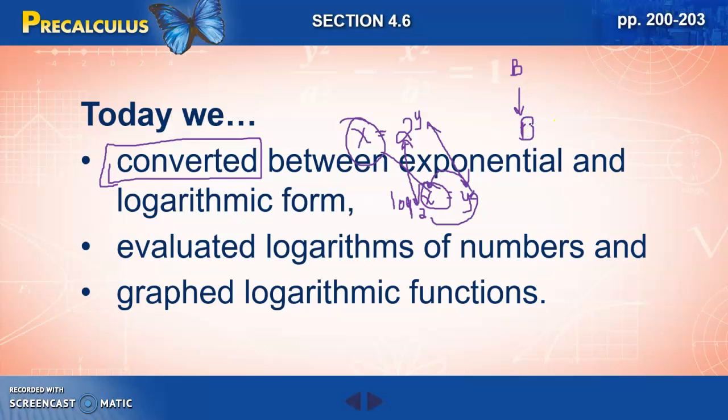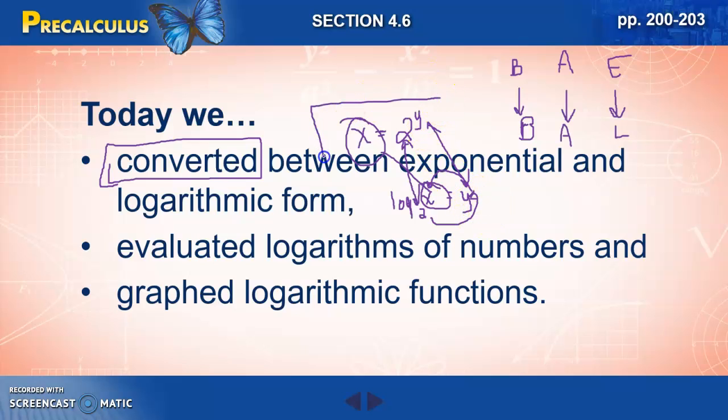The answer of the inverse exponential function here is the argument of the logarithmic function, and the exponent in the inverse exponential function is the logarithm of the log form, over here.